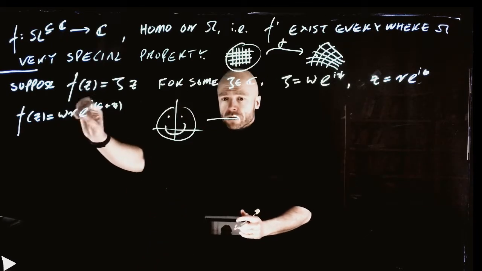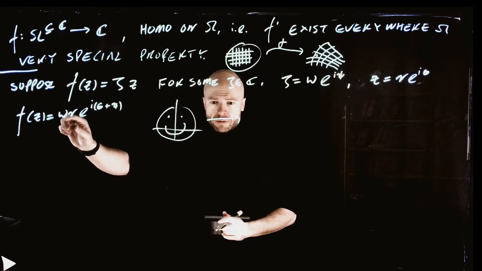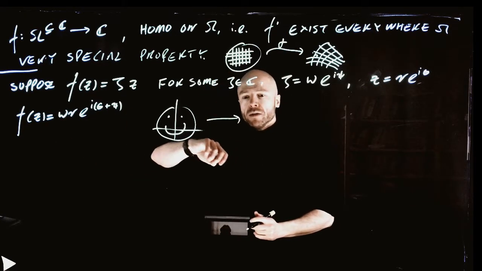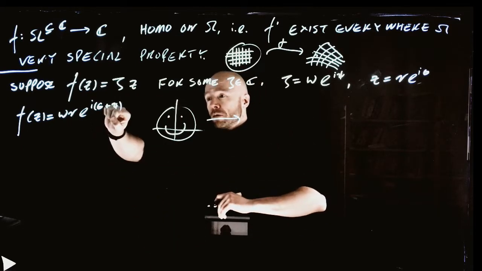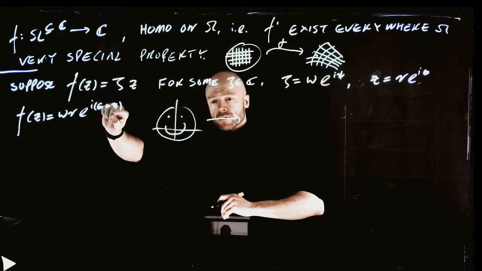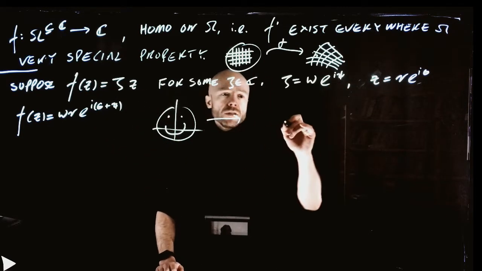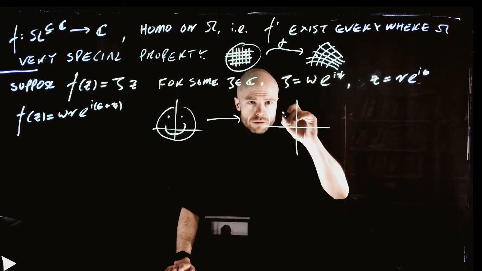It's going to shrink or stretch the smiley face, depending on w. If w is less than 1, it's going to shrink it. If w is bigger than 1, it's going to expand it, and it's going to rotate it by the angle phi. So it's going to rotate it to something like this.